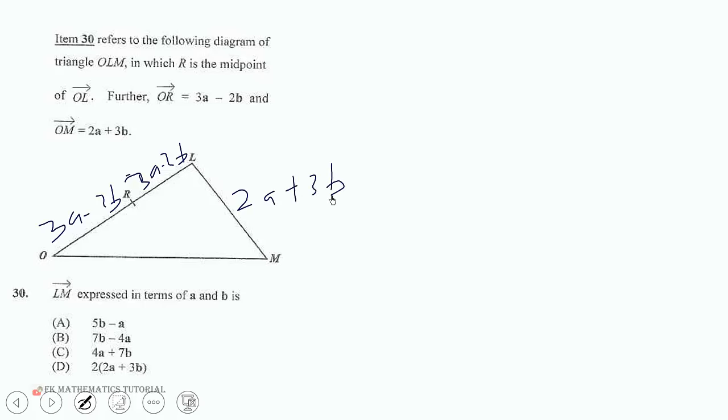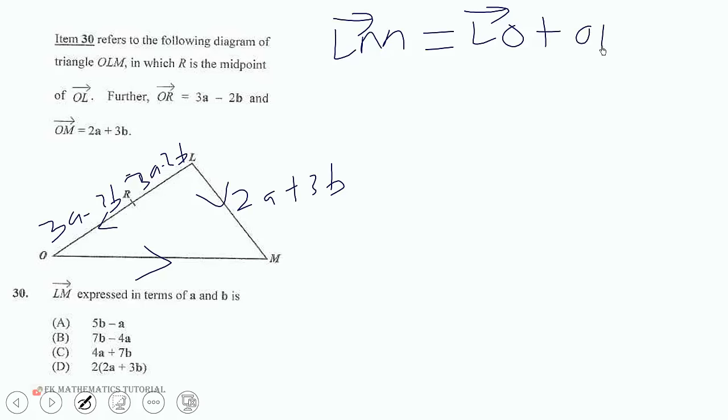We have to express vector LM in terms of A and B. So vector LM is equal to vector LO plus vector OM.